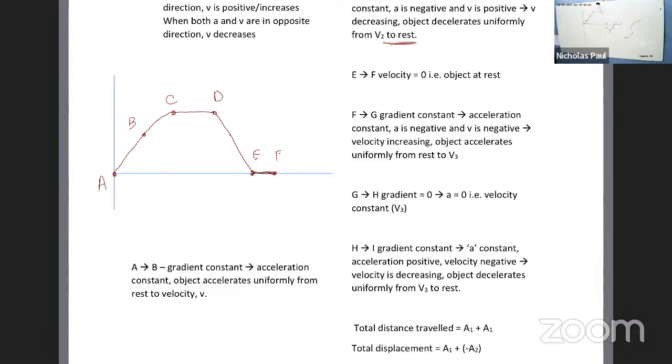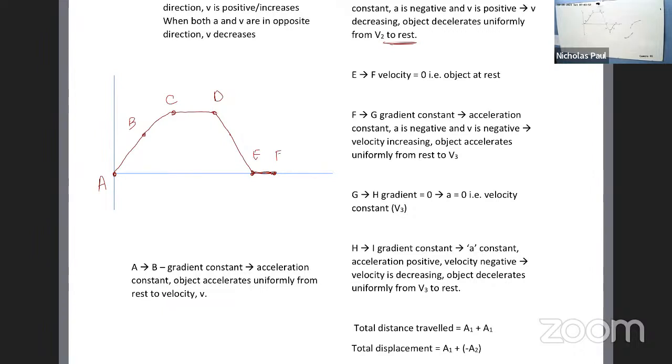Finish up F to G, G to H, H to I. How do you join F to G?